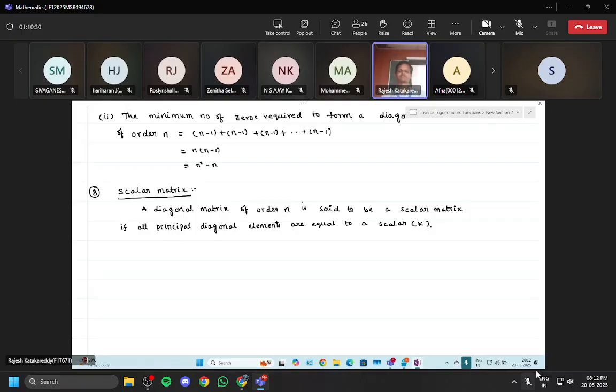See, now in general, the scalar matrix is k 0 0, 0 k 0, 0 0 k. Every element in the diagonal should be the same. That is a scalar matrix.